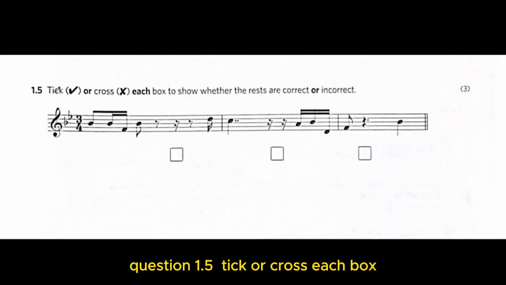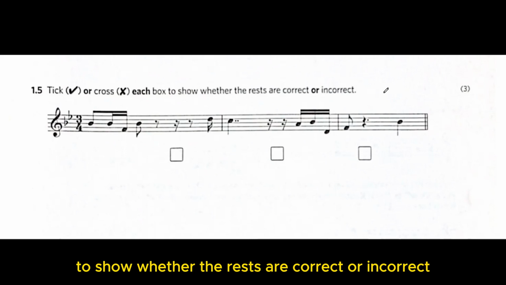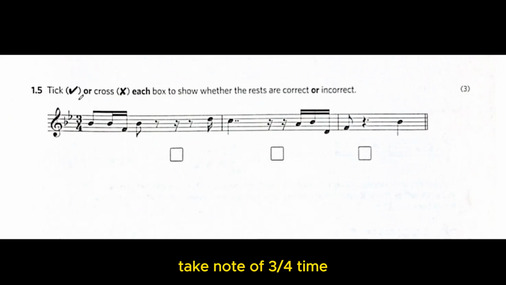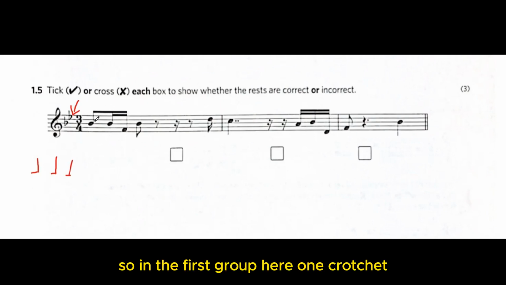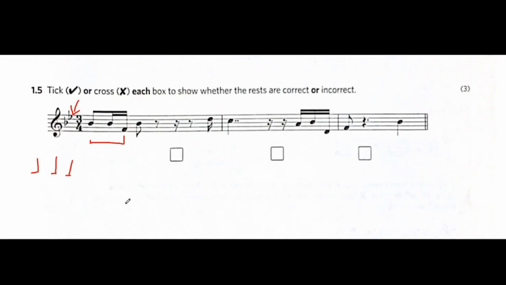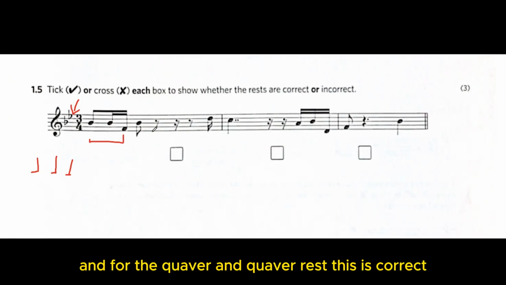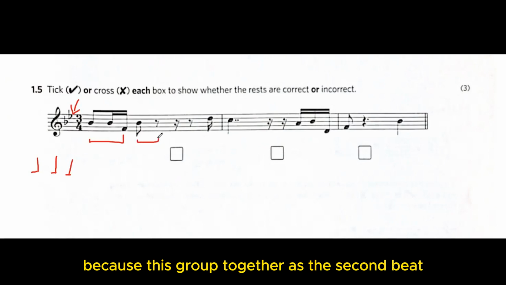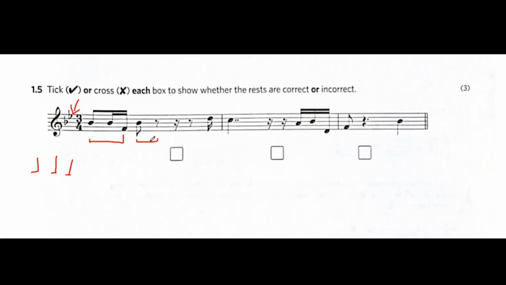Question 1.5. Tick or cross each box to show whether the rests are correct or incorrect. Take note of 3/4 time. It is a simple triple time. Each beat is a crotchet. So in the first group, here 1 crotchet. And for the quaver and quaver rest, this is correct because this group together is the second beat.